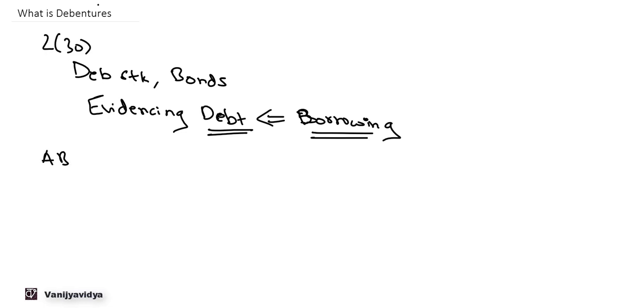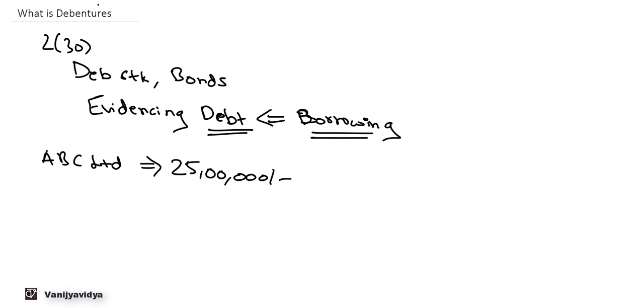Say there is ABC Limited. Now this ABC Limited is in need of funds of 25 lakhs. This 25 lakhs, it can raise by issuing equity shares, preference shares, or it can borrow it as a term loan from the bank.